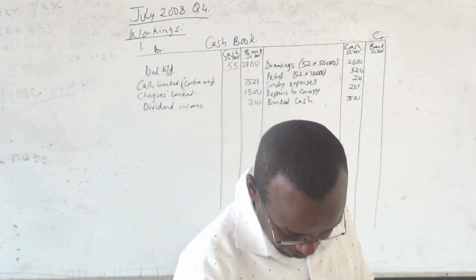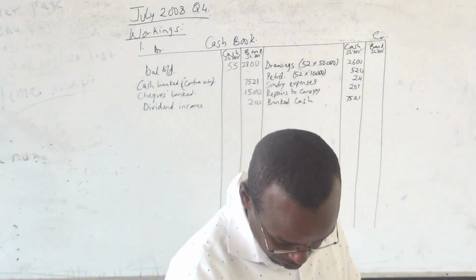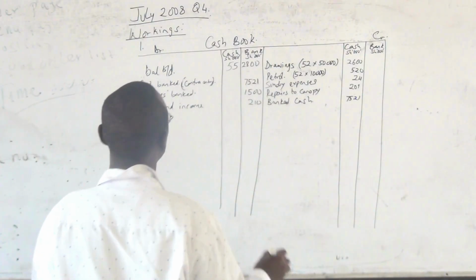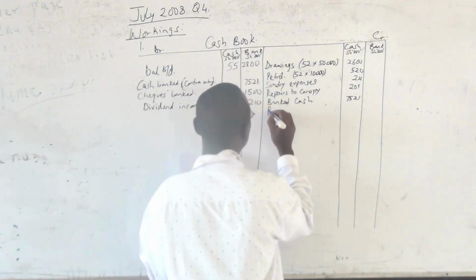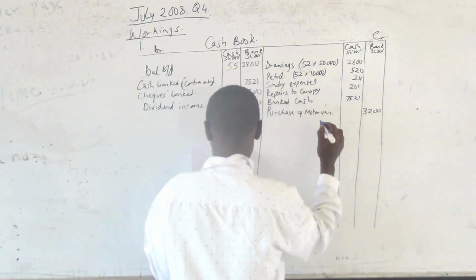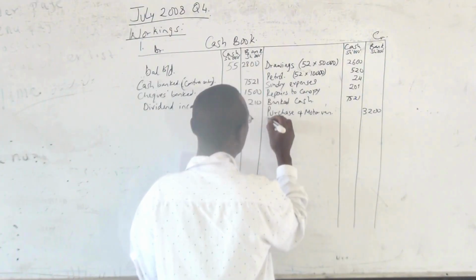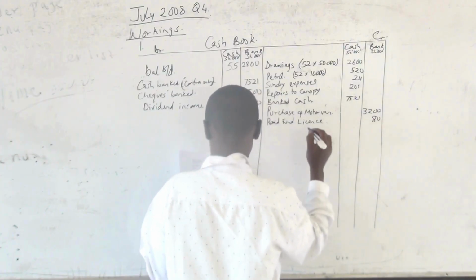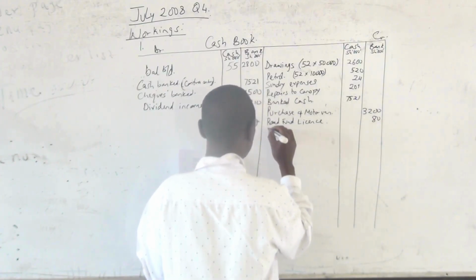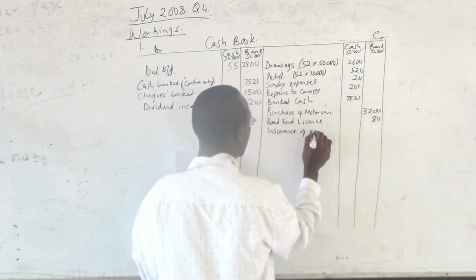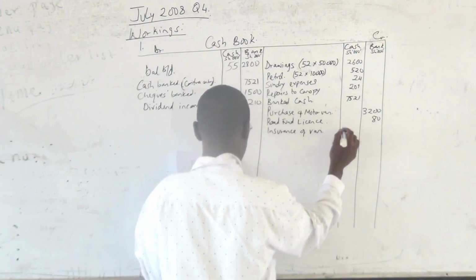The debits, those are payments. There is purchase of a motor van by bank, 3,200. There is road fund license, 80. Insurance, 323.